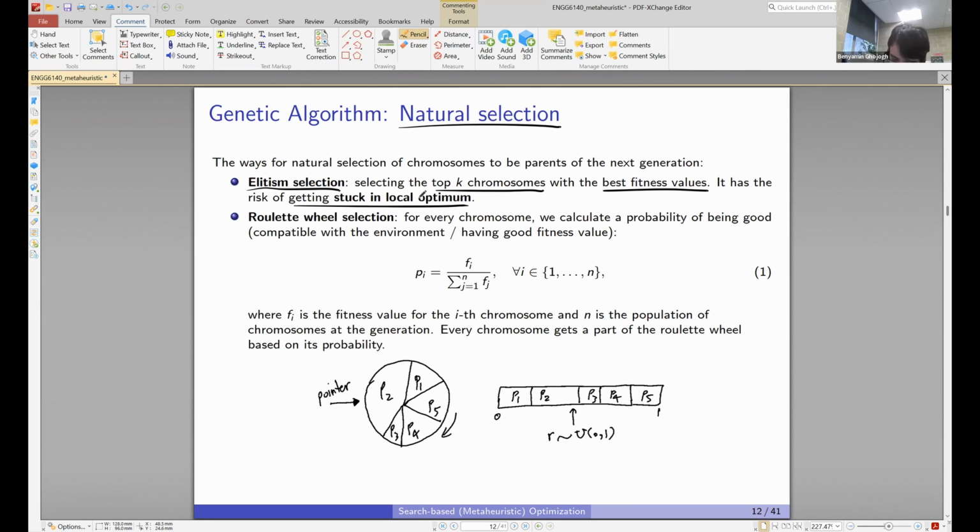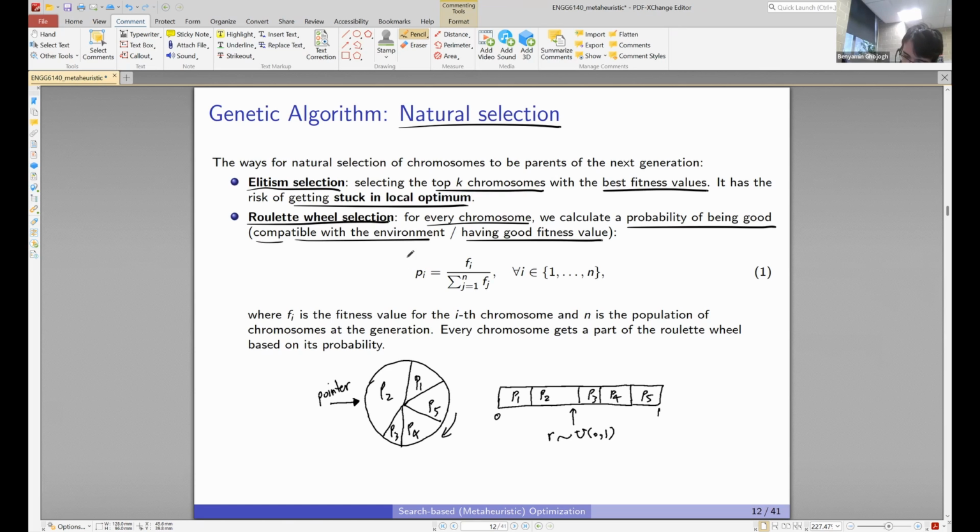Okay. So we can do a roulette wheel selection. And roulette wheel is like the roulette wheel in casinos. What do we do? For every chromosome, we calculate a probability of being good. So what do I mean by good? Compatible with the environment or having good fitness value.